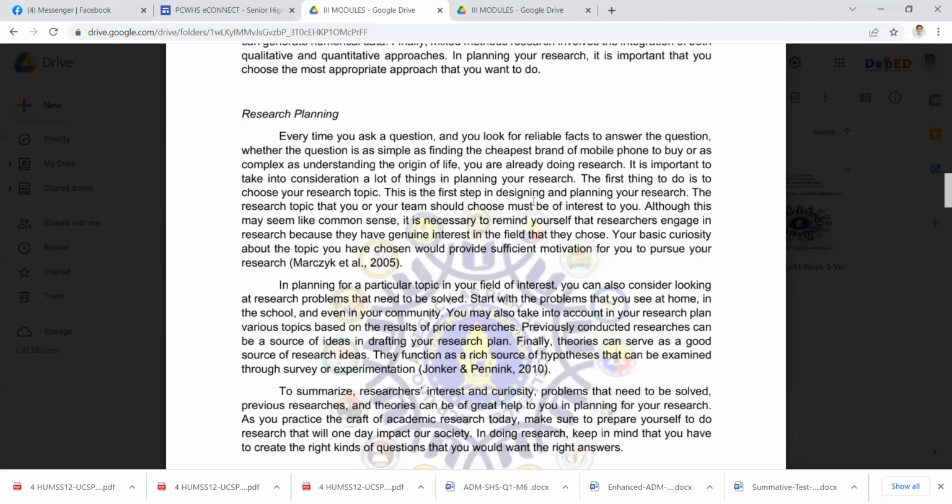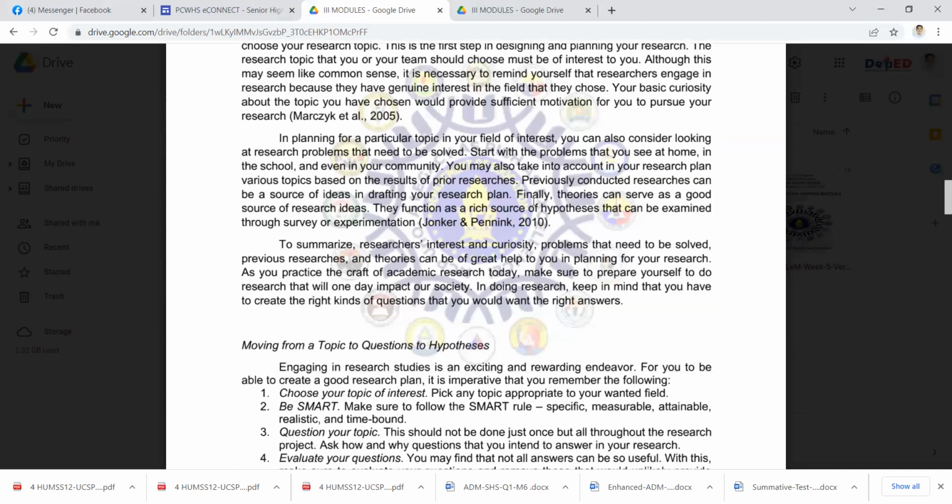Finally, theories can serve as a good source of research ideas. They are a rich source of hypotheses that can be examined through survey or experimentation. To summarize: researchers' interest and curiosity, problems that need to be solved, and previous researches.